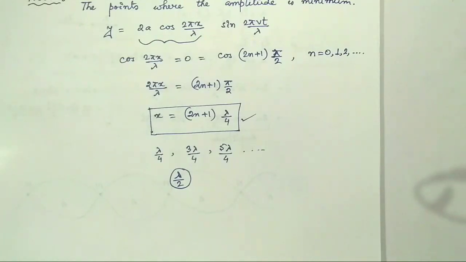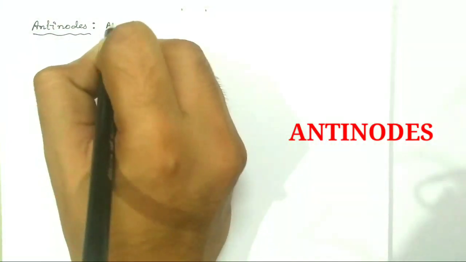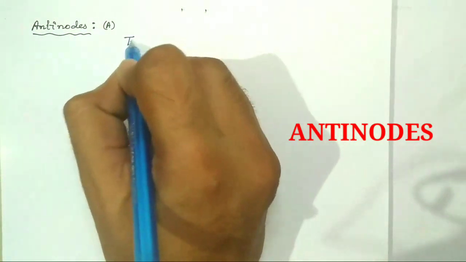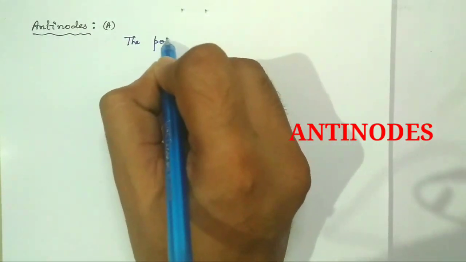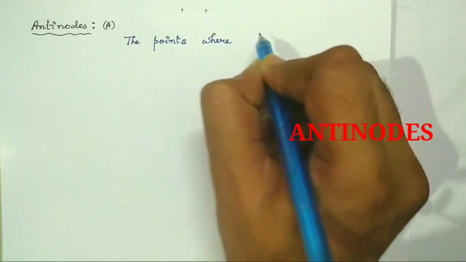Okay, let us discuss antinodes. I have told you the definition that antinodes are the points where the amplitude is maximum.